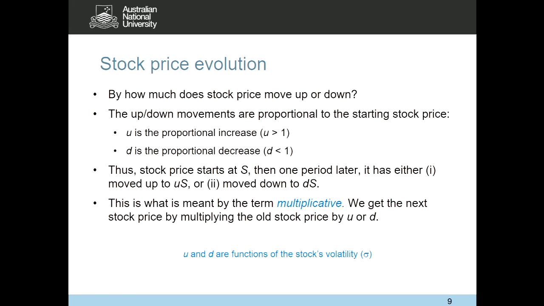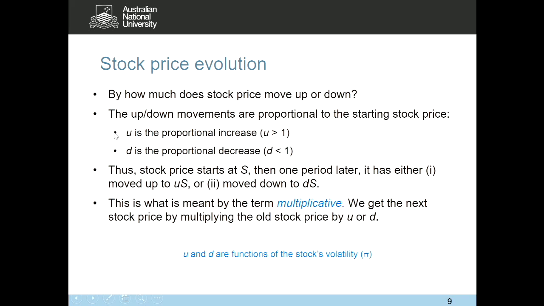So the next thing we need to do is quantify the magnitude of going up and going down. The way we get the share price in the up state and in the down state is by taking the initial share price, S. Remember, the share price starts today, the spot price is S. Then we multiply that by the proportional increase and proportional decrease.